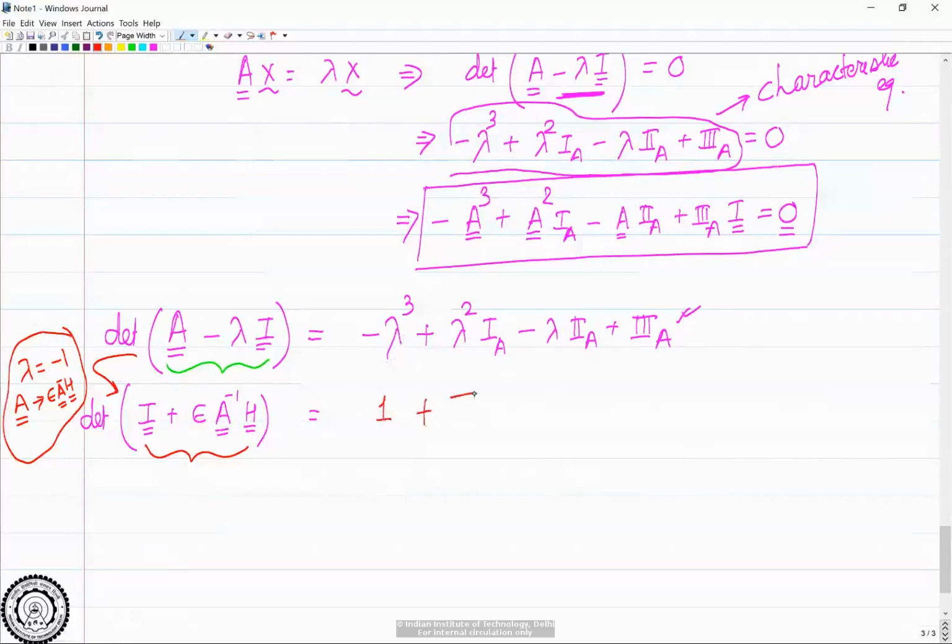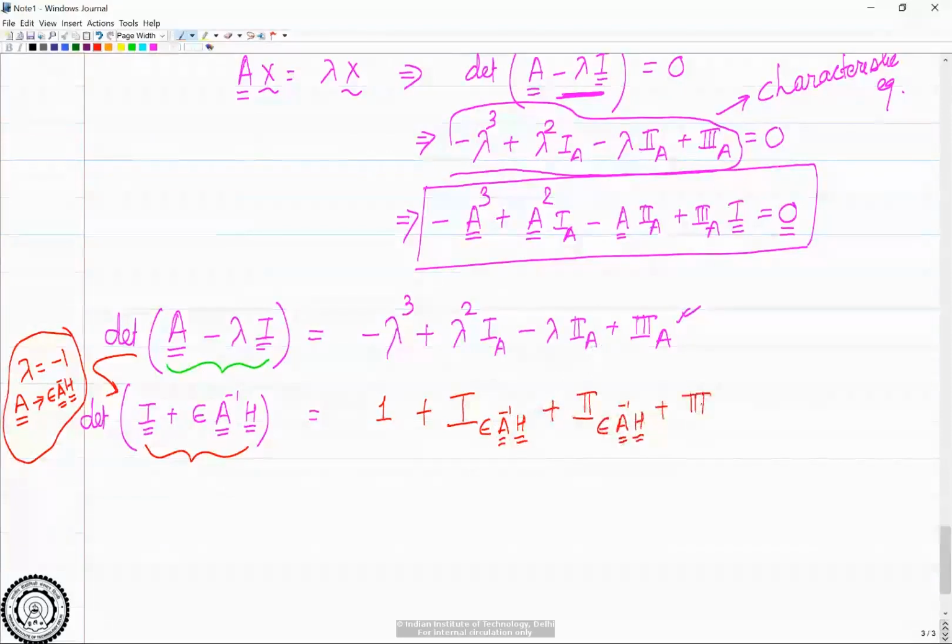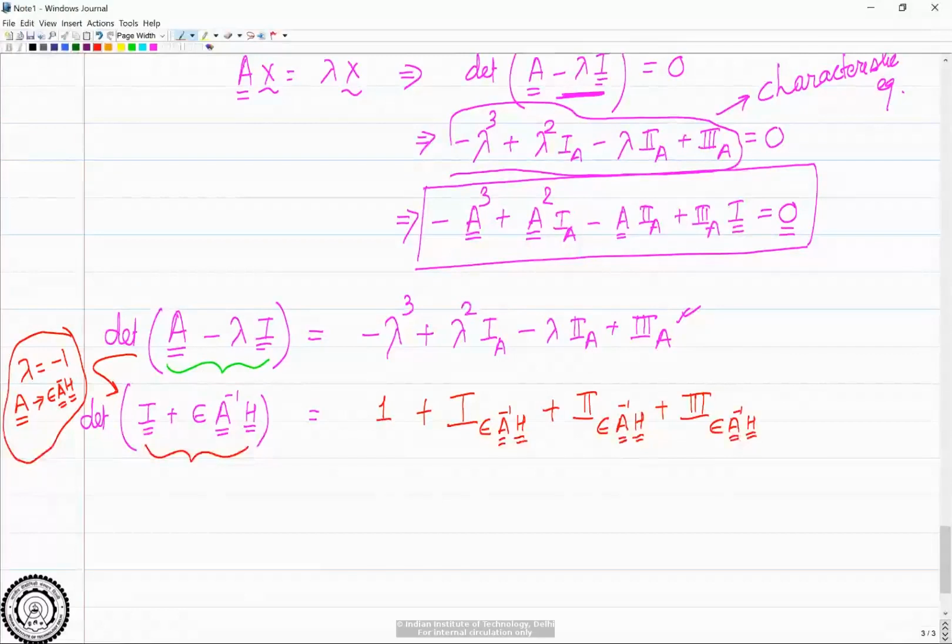This is again +1, but now it is I of not A, but epsilon times A inverse H. Then the third term gives plus 2 of epsilon times A inverse H, plus 3 of epsilon times A inverse H. So is this fine to all of you? Yes, sir.